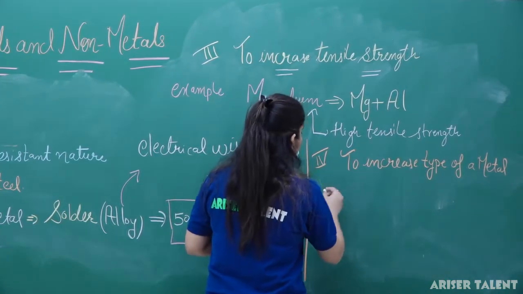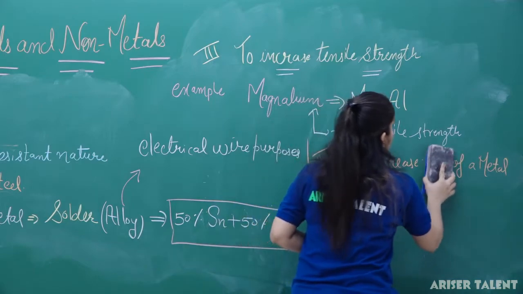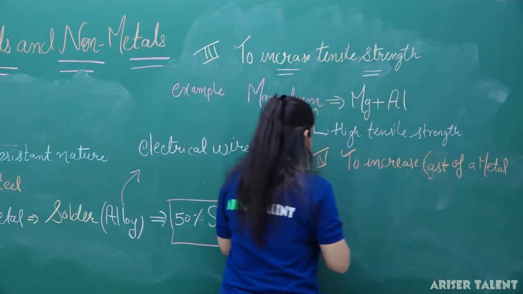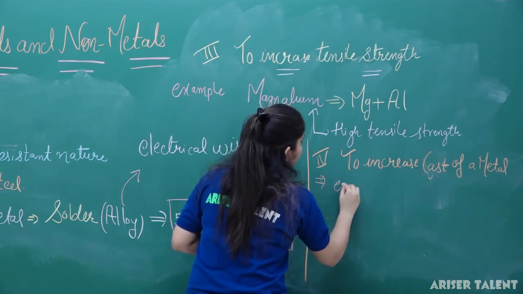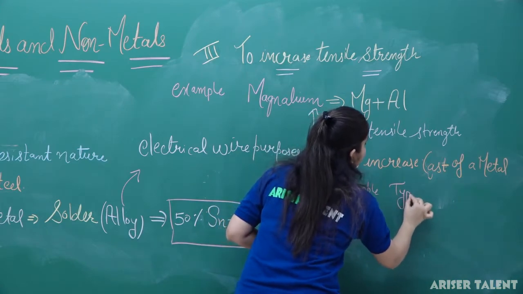So it will increase the casting of a metal. The example in this category we have is type metal.